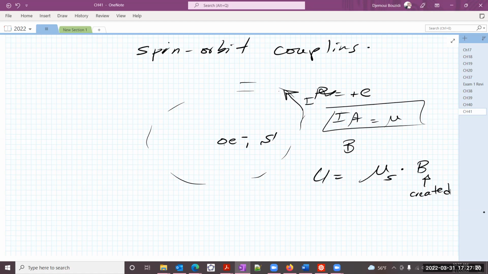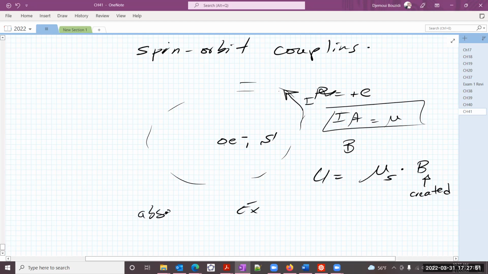That's exactly how you can think about it in terms of the electron. The electron is sitting still and thinks that the proton is moving around it, creating a magnetic field at its location. But the electron has its own intrinsic spin. It has its own intrinsic magnetic dipole moment, if you wish, and that comes into mu times B. Now, the energy is going to be shifted even in the absence of an external magnetic field.